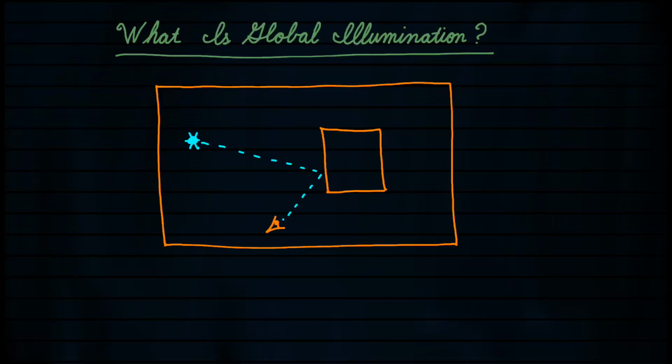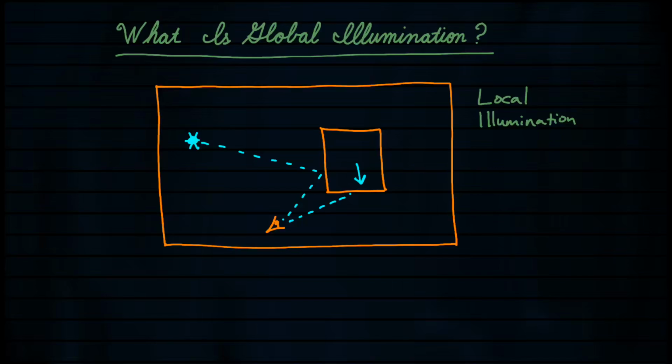And this is called local illumination. But what about the other light paths? For example, we know that this side of the box would not be lit. However, in fact, it is lit. So what global illumination essentially is saying is let's find out where all the illumination could be coming from.